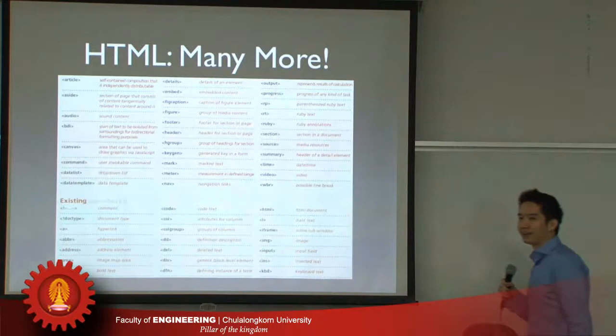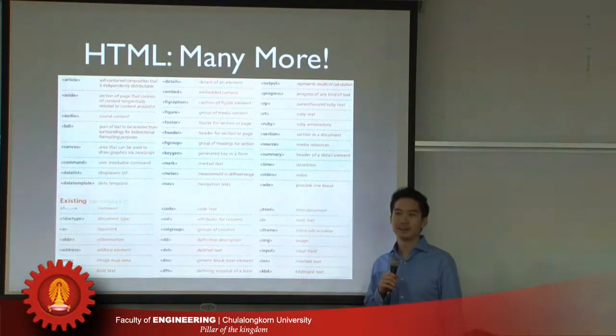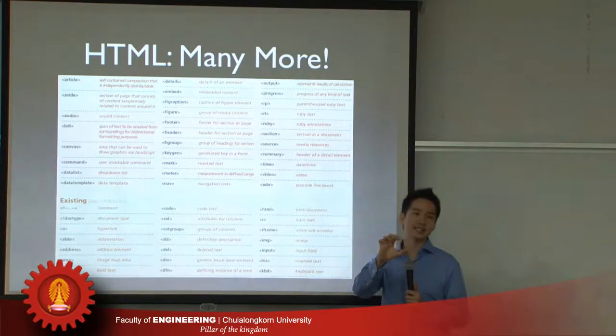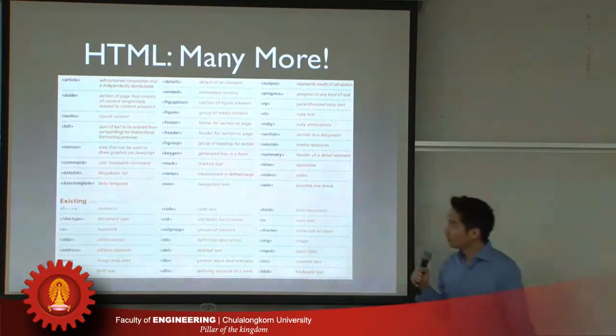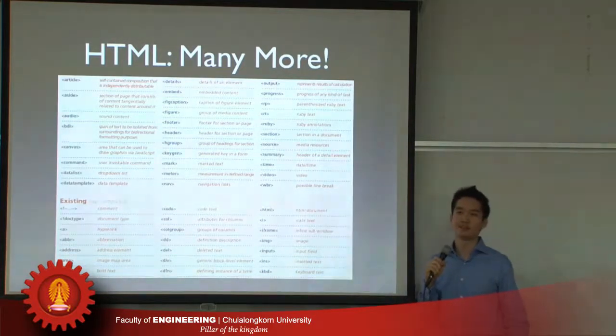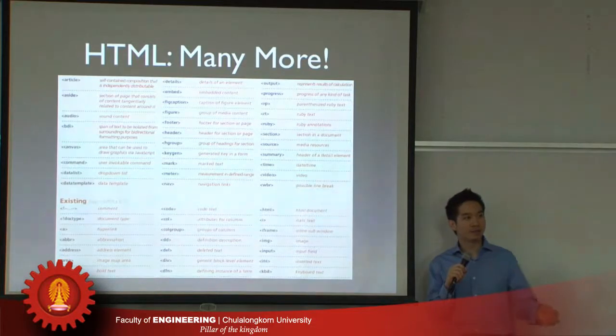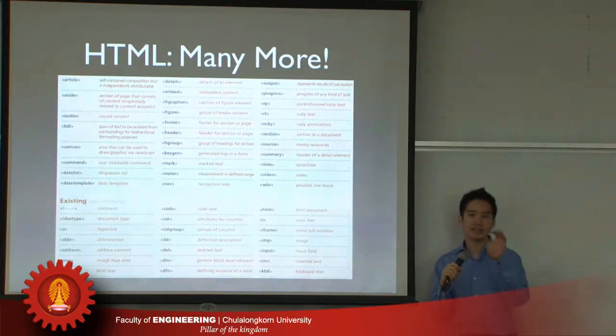So we covered probably 5% of all the tags that are available for HTML. I mean, there's a gazillion tags out there for HTML. We just cover really basic stuff. Probably the most hyped tag right now for HTML is the video tag. In modern browsers, you can actually specify videos within your page.